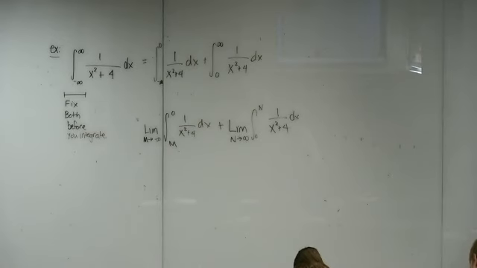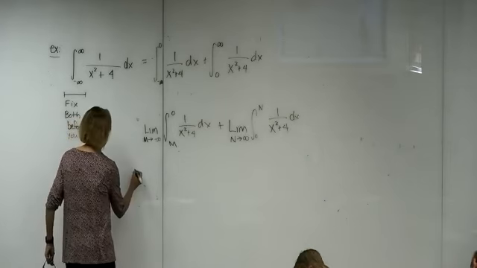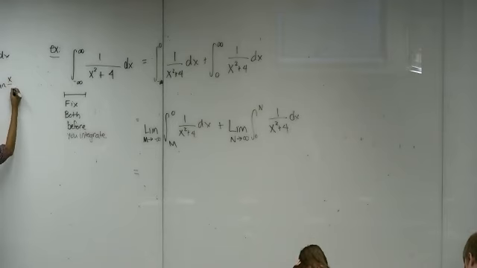So what's the antiderivative of 1 over x squared plus 4? 1/2 arctangent of x over 2. Right? The integral of 1 over a squared plus x squared dx is 1 over a arctangent of x over a.